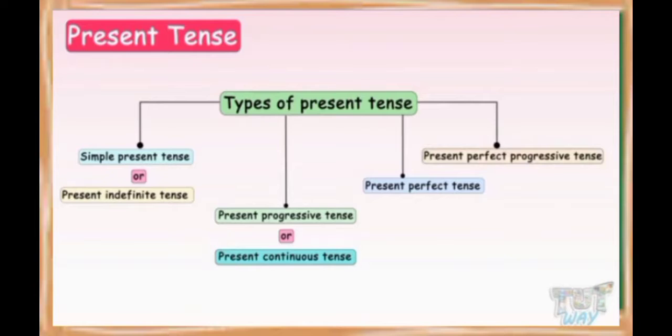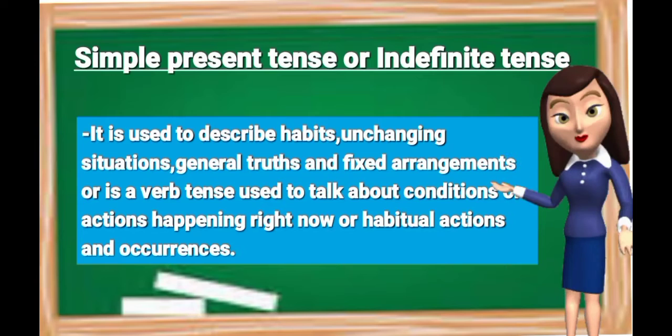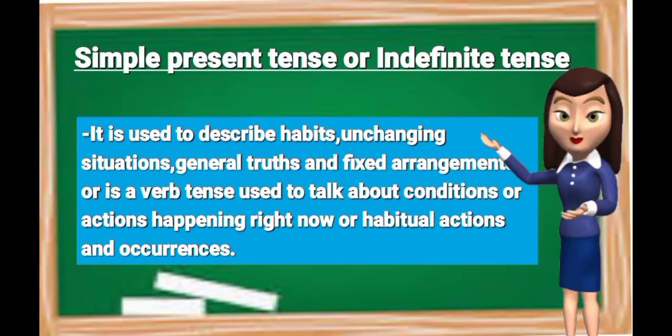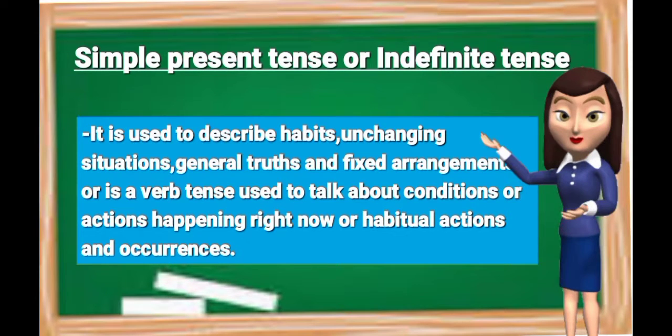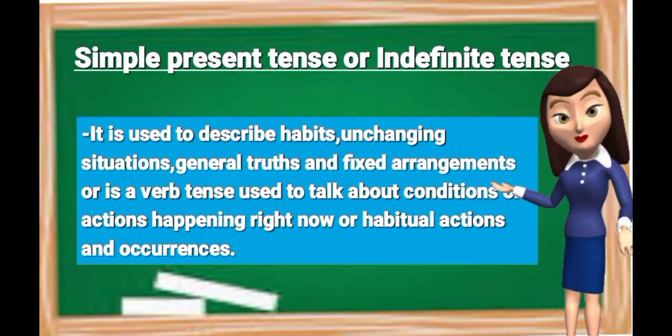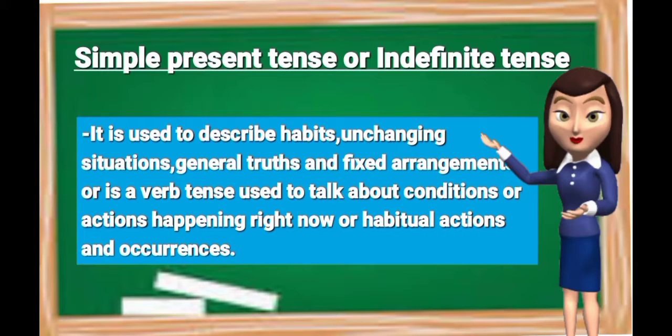Simple present tense, or indefinite tense, is used to describe habits, unchanging situations, general truths, and fixed arrangements, or is a verb tense used to talk about conditions or actions happening right now or habitual actions and occurrences.